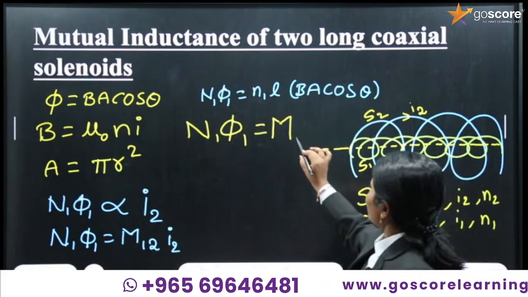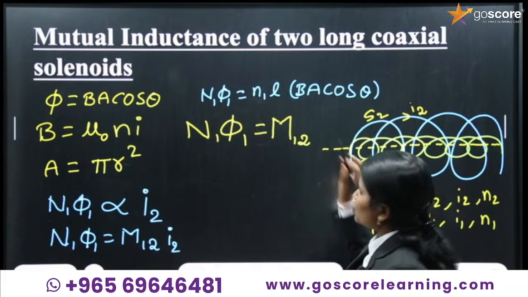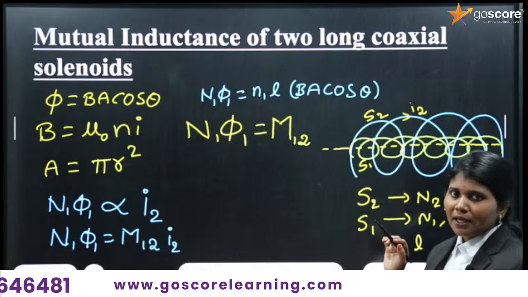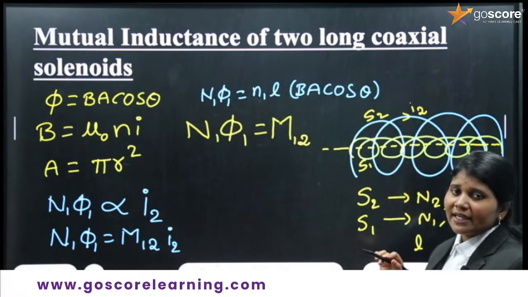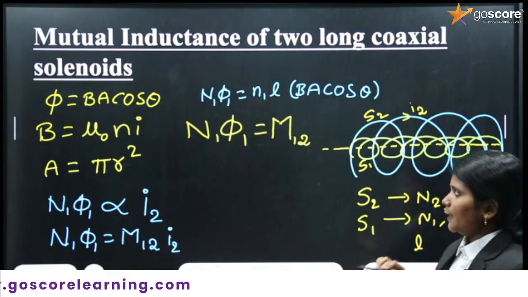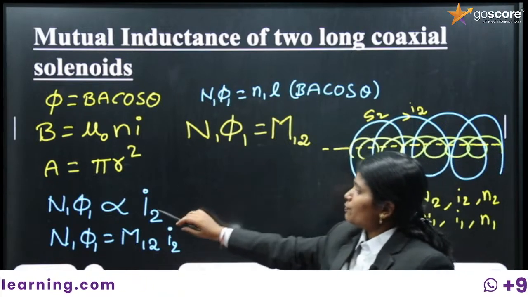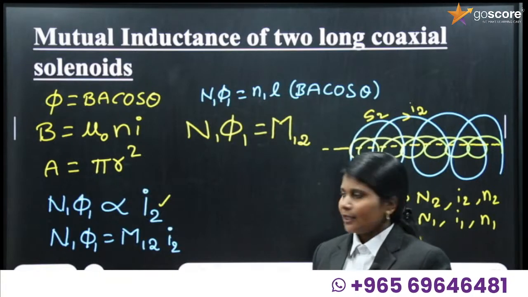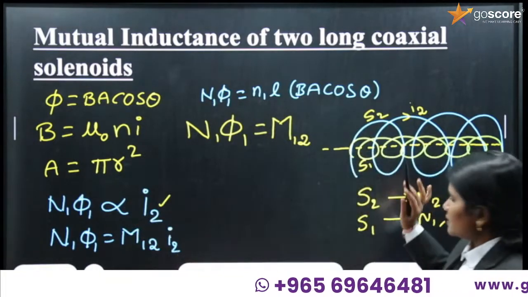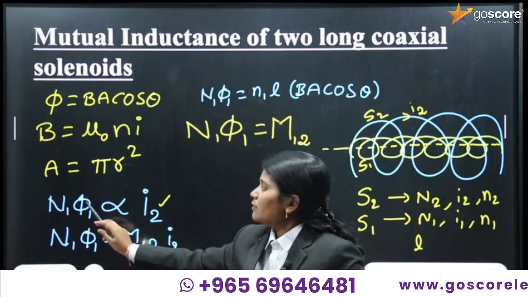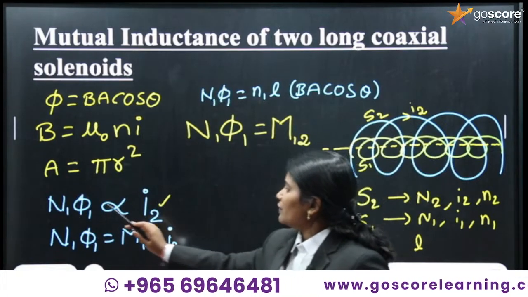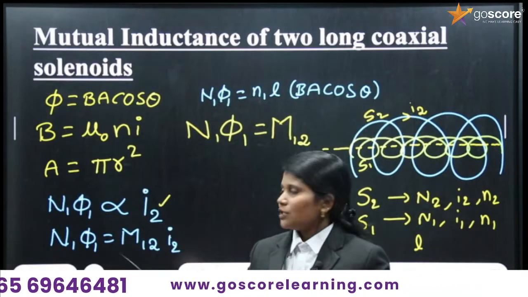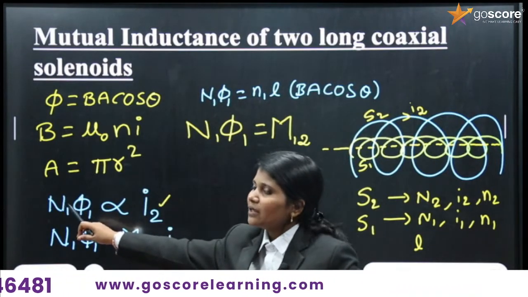That's why it is with respect to 1 and 2: we give current to the outer part, but get flux in the inner solenoid. So N1 phi 1 is proportional to I2, where N1 is the number of turns of the inner solenoid.